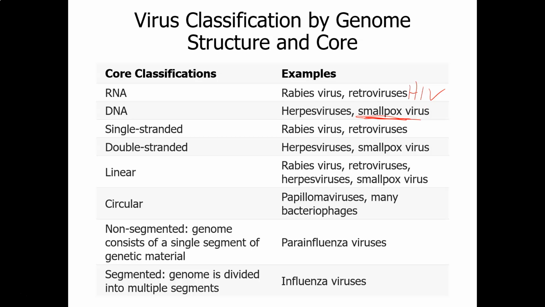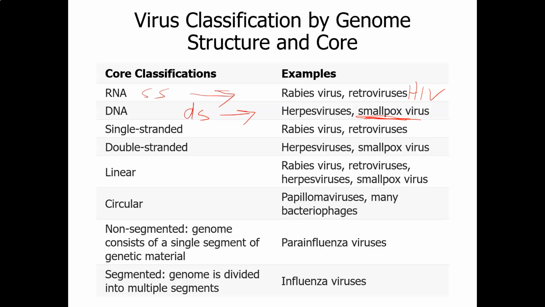Single-stranded RNA viruses are rabies and retroviruses. So these two examples are actually single-stranded. And then double-stranded DNA viruses are the herpes viruses and the smallpox virus.